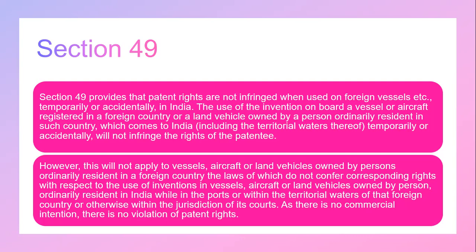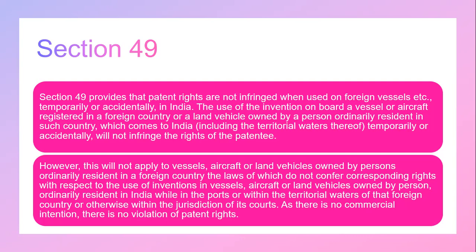I cannot shout that my patent rights are being infringed because that foreign vessel has come to India and one part of it uses my patent. Why? Because section 49 says that your rights will not be infringed when it is used on a foreign vessel and that foreign vessel is in India temporarily or accidentally.